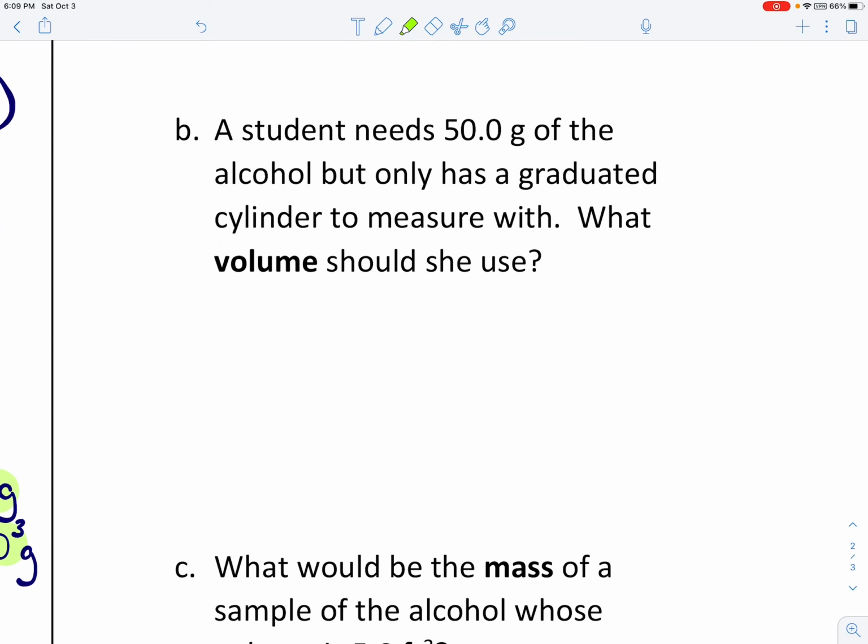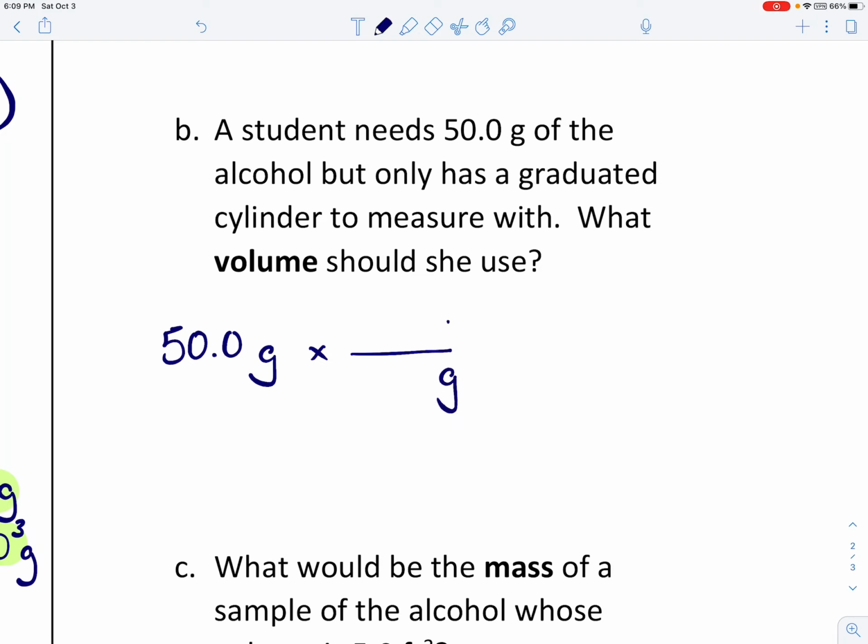So the only time you'll write that density formula and use the density formula is when you're finding a density like that. Okay? Question B, you need 50 grams of the alcohol, but you only have a graduated cylinder, which of course measures volume. So what volume should you use? Pause the video and try that. We know the mass, so we'll start with the 50 grams.